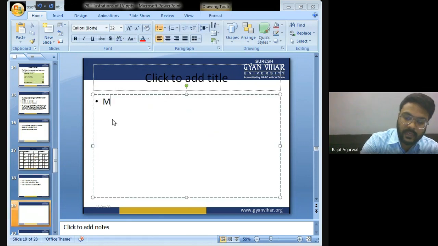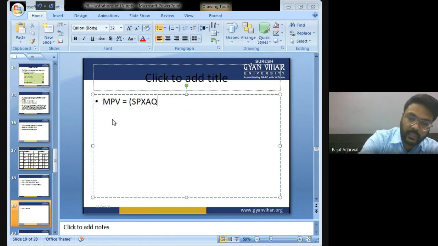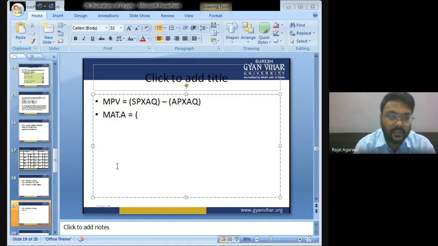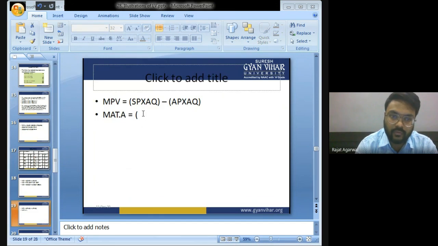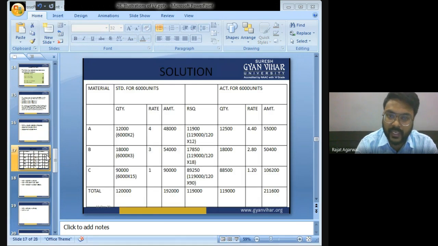Now, material price variance. The formula of material price variance is standard price into actual quantity minus actual price into actual quantity. Now for material A, standard price of A is 4. Actual quantity of A is 12,500.